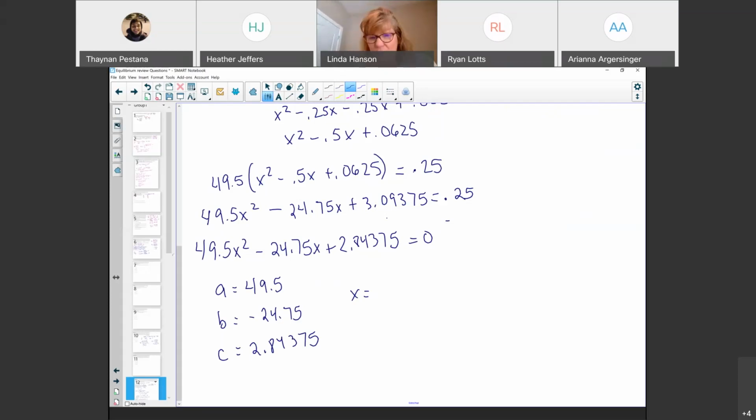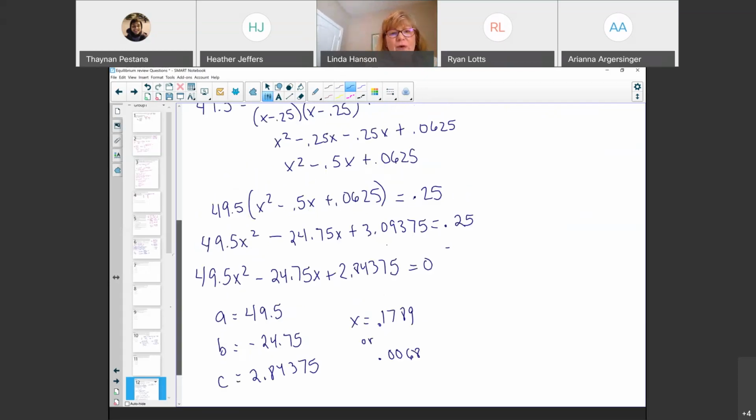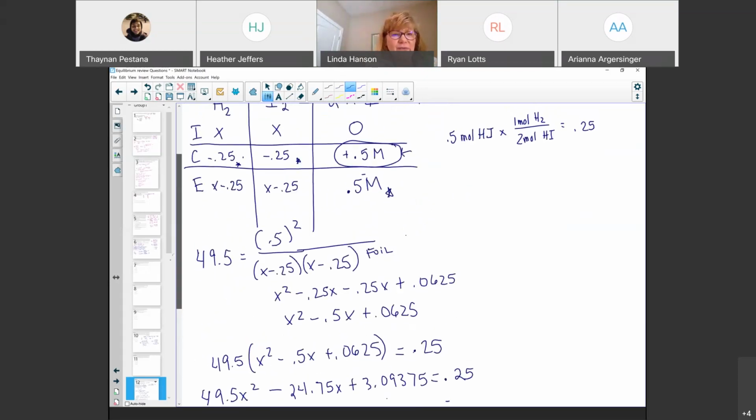There are 2 answers. One of them reads 0.1789 with more decimals, or 0.0068. Those are the 2 possible choices on my calculator right now. Which one of those would make no sense?